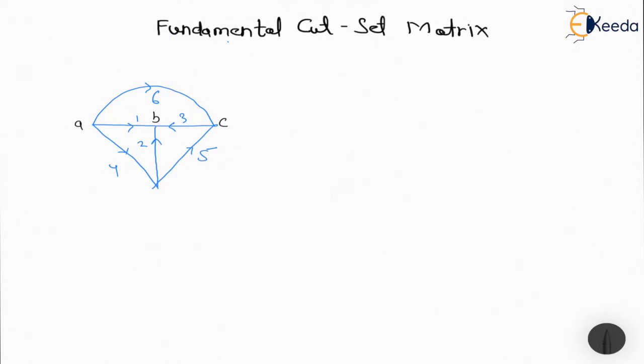I am taking here the simplest possible tree, A, B, C and D. So these are the twigs of this tree, and the dotted lines represent the links.